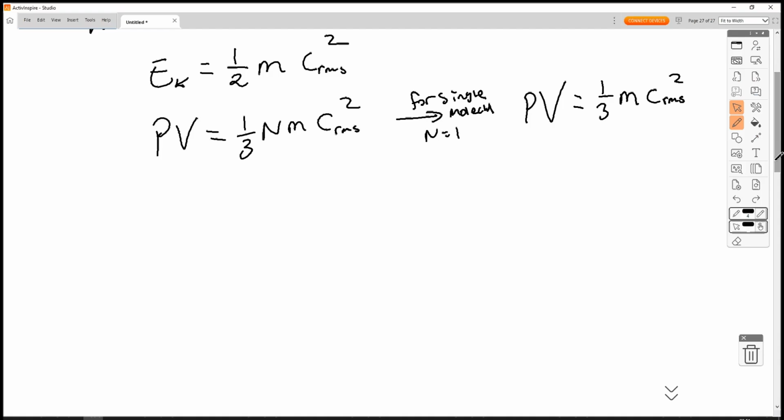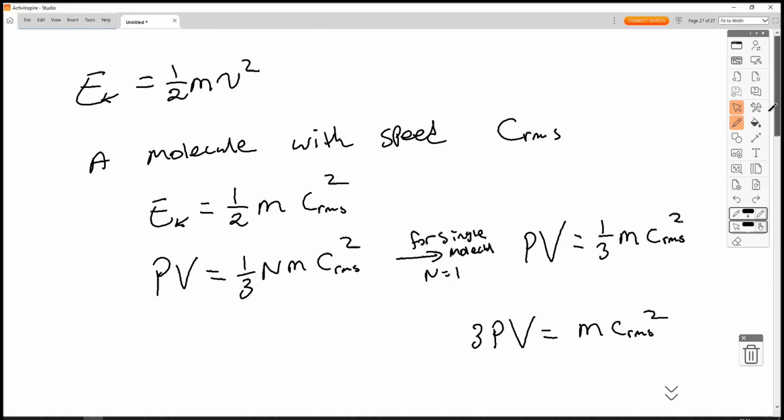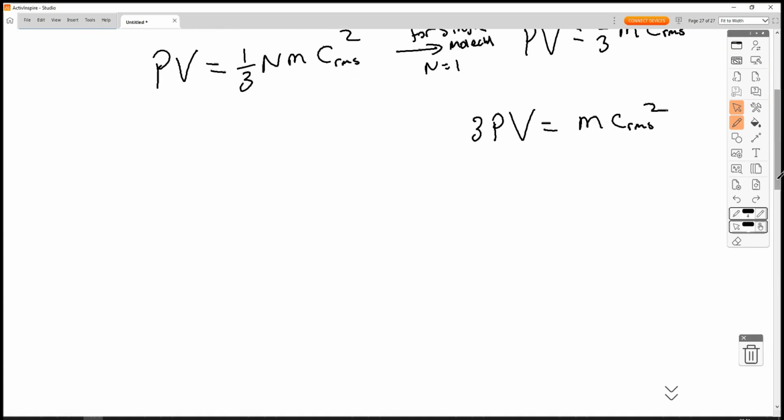That means that 3PV equals m c_rms squared. And then using this, we can start to make some substitutions. So, for example, the m c_rms squared, we can make a substitution there. So we'll get Ek equals 3PV times by half. So that's 3/2 PV.